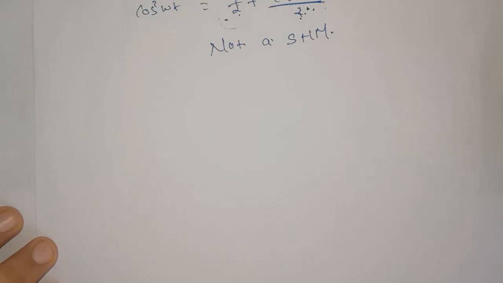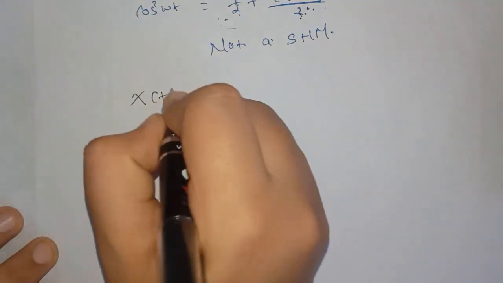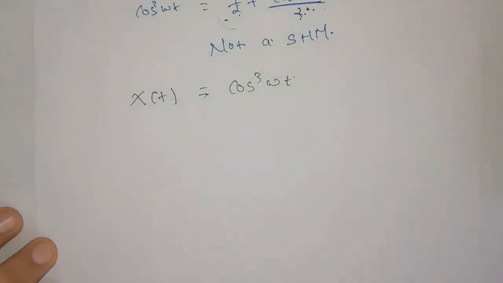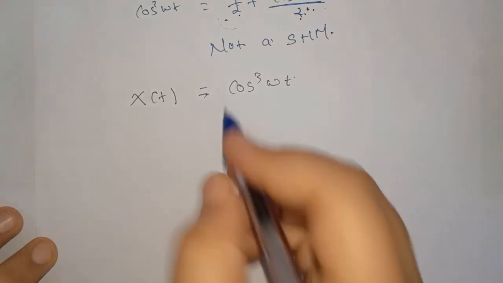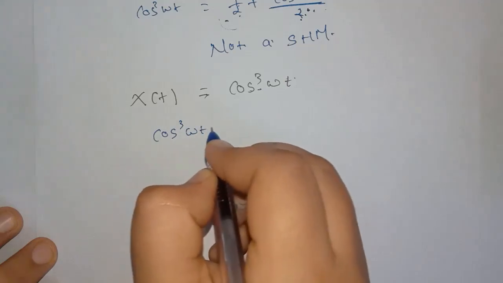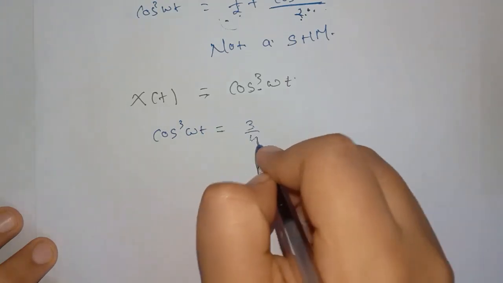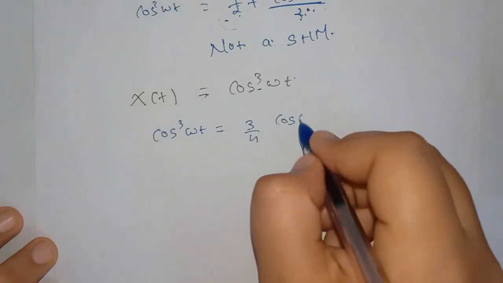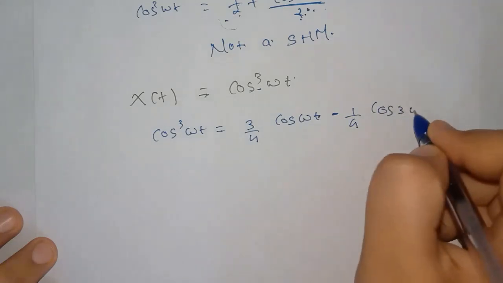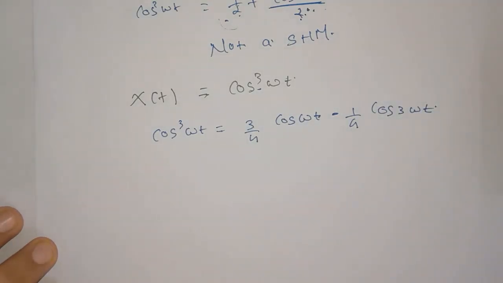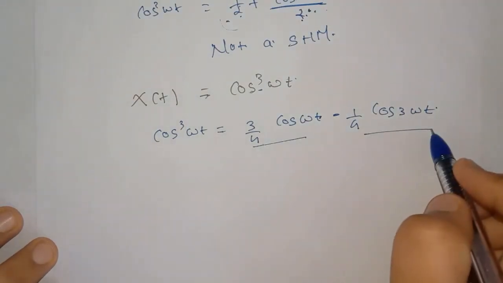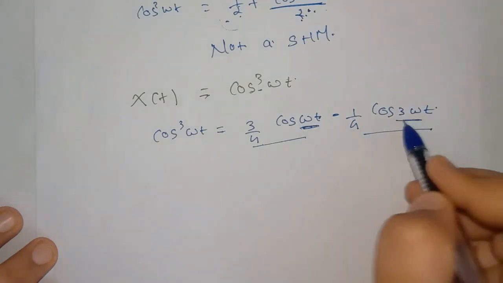Let us see the next example in which x of t is given, let's say, cos cube omega t. Here again, first we have to convert it to power 1. The cos cube omega t can be written as 3 by 4 cos omega t minus 1 by 4 cos of 3 omega t. Here, these both are individually SHM, but their frequencies are not same.